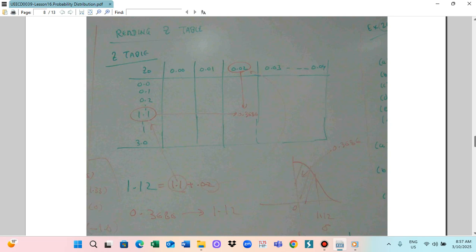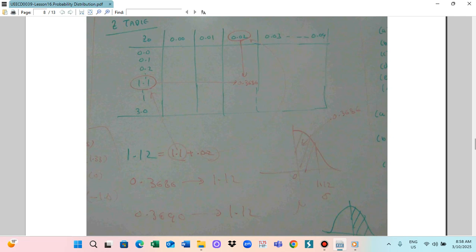The area covered under the curve from 0 to 1.12 delta is equal to 0.3686. So this is the interpretation: the probability, the area under the curve from the mean to 1.12 standard deviations, is 0.3686.